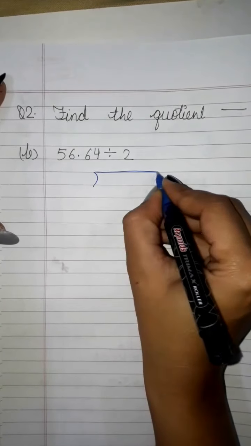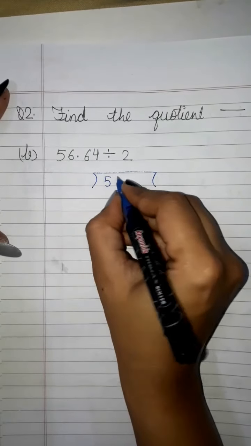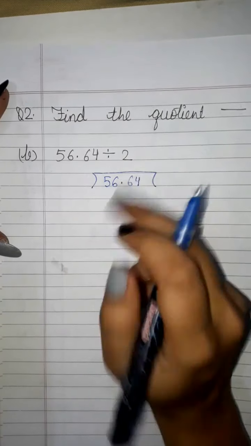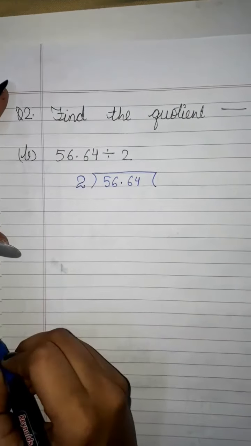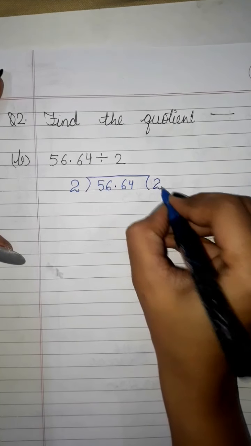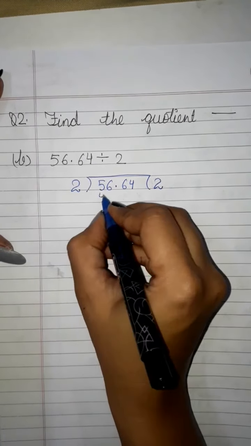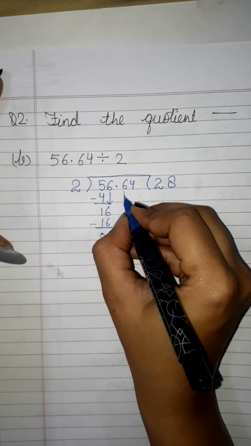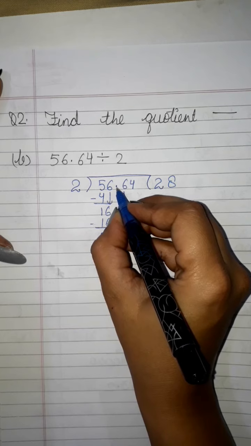See, you know, in division we used to write like this. And this is dividend and this is divisor. We will write it here. Now do as we do normal division. 2 2s is 4. 1 is left and 6. 2 8s are 16. Now see, before copying this 6, what is coming? Decimal.